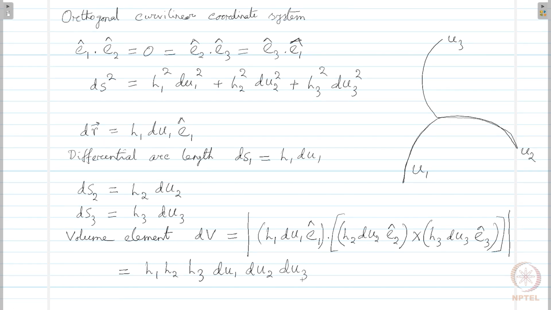This happens because in an orthogonal curvilinear coordinate system, the absolute value of e1 dot e2 cross e3 will always be equal to 1, because they are unit vectors.